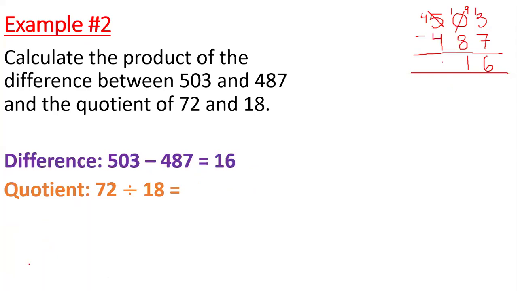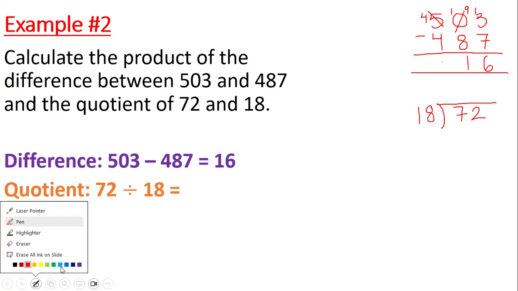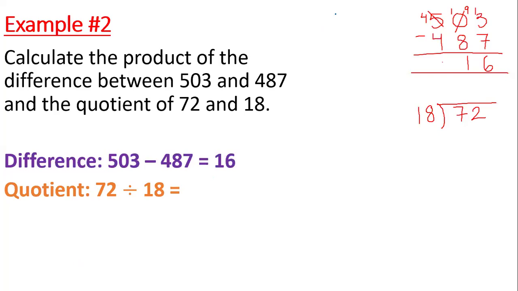For those of you who don't know how to divide by 2-digit numbers, let me show you. It's a process that you have to try out. None of us know it out of our head. We just have to try it until we find the right number. So in this case, 18 times 1 is what? 18. Let's try 18 times 2, because we don't know what it's gonna be. What does 18 times 2 give us? 2 times 8 is 16.